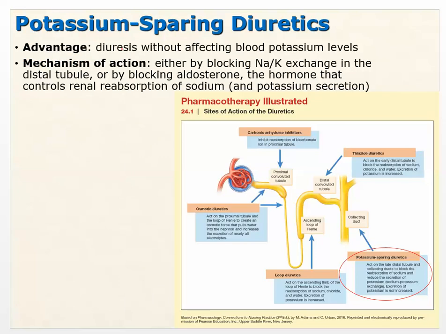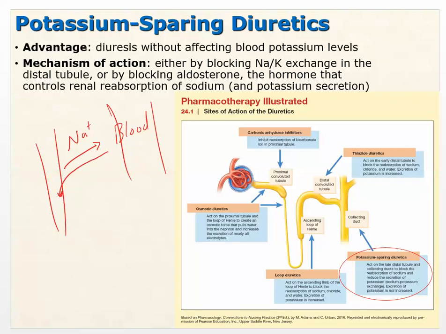Potassium-sparing diuretics. So we've been talking about how potassium is leaving. So there are potassium-sparing diuretics, and this is where we have an exchange process. So sodium is being reabsorbed. If this is your nephron over here and this is your blood over here, sodium is being reabsorbed, and potassium, this is what's normally happening, is being secreted.